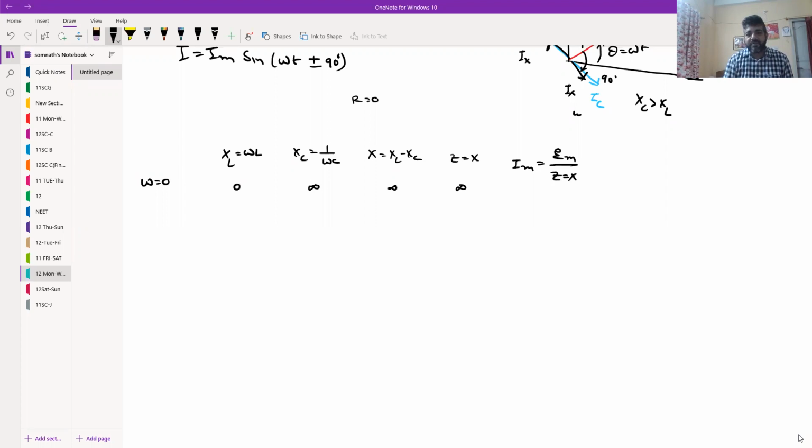Once my omega is infinity, XL is infinity and XC is 0, the difference is again infinity. Z is again infinity because Z is the root of the mod of this, always a positive value. Is it clear, everyone?